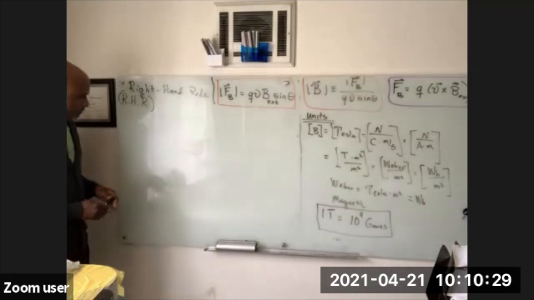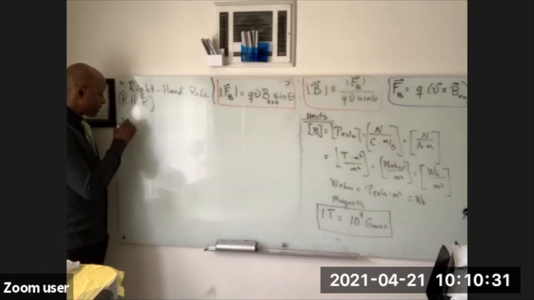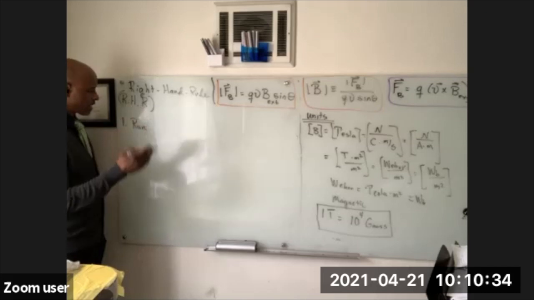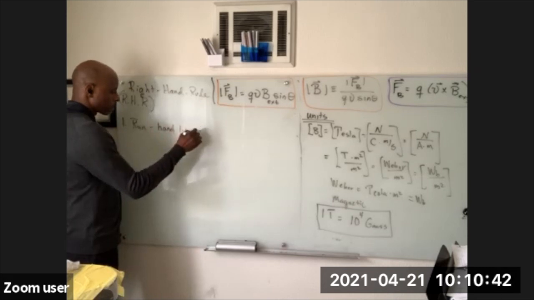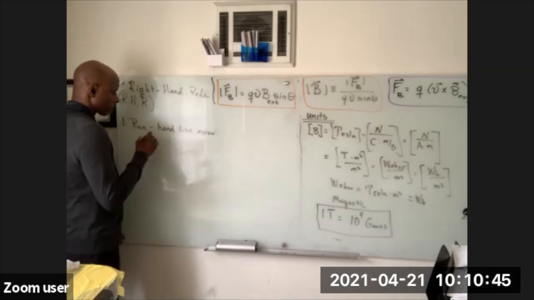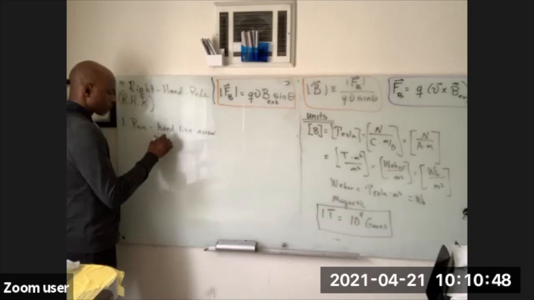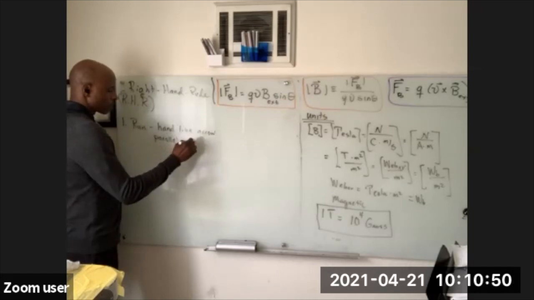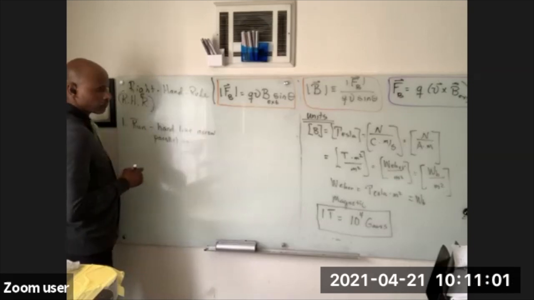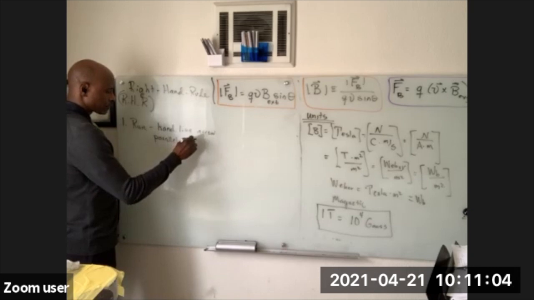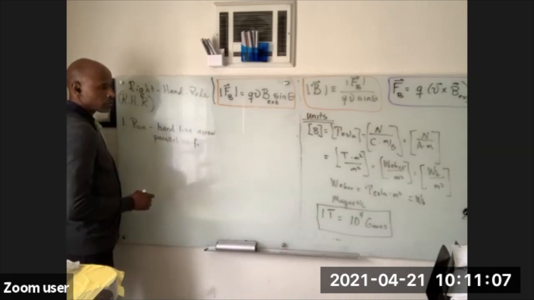That if you have two vectors, if you run your hand like an arrow parallel to the first vector, so I guess we could apply it to something like the first vector.